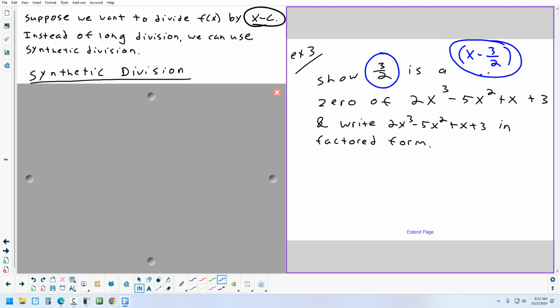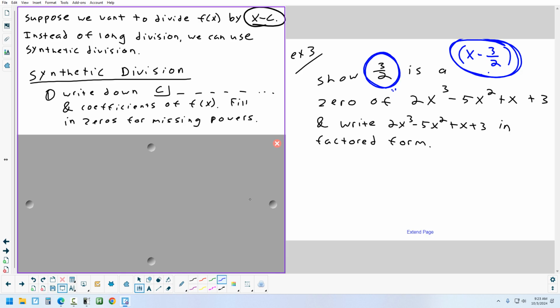What do we know about factors when you divide them into something? The remainder is 0. So that's what I'm going to check. I'm going to quickly find the remainder using synthetic division. If the remainder comes out to 0, then this is a factor, which means that is a root. So that's how I'm going to answer this question, to tie in synthetic division. There are other ways to show that this is a 0, but I'm trying to tie it in with synthetic division.